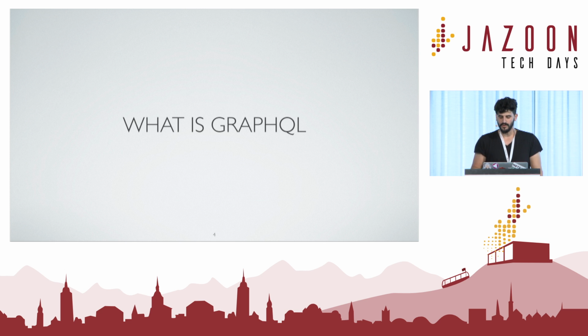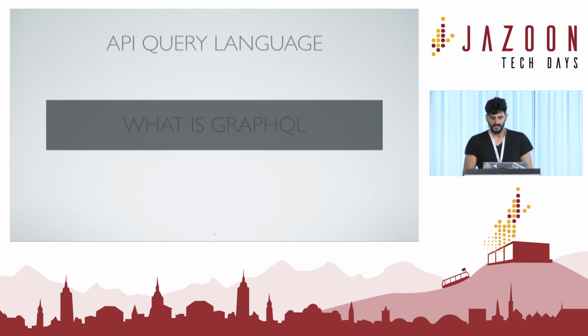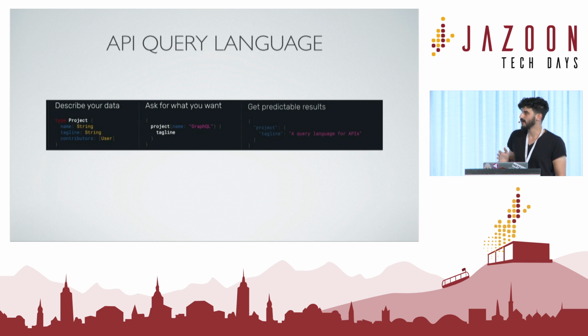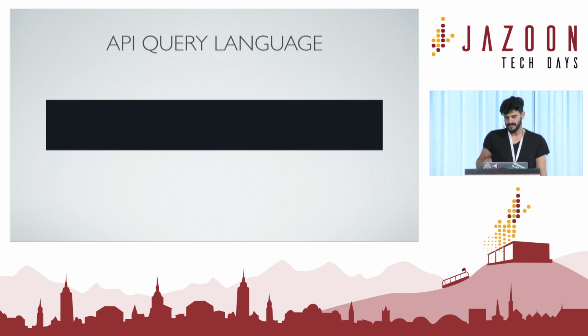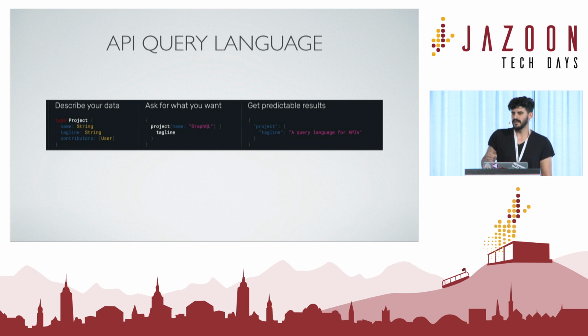So what is GraphQL? Well, GraphQL really is an API query language. It allows you to define your API with its strongly typed schema language. Then, on any client, you can write query documents that will be sent to your API server. And it, in return, will send you the result in the exact same shape as your queries.